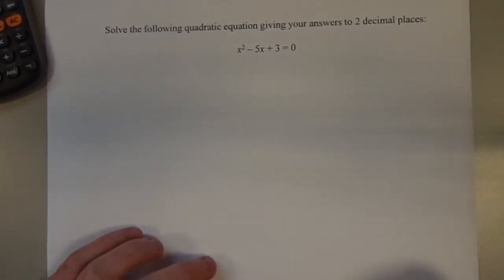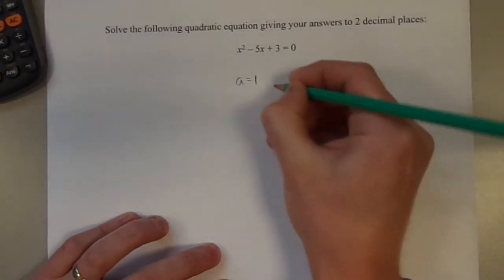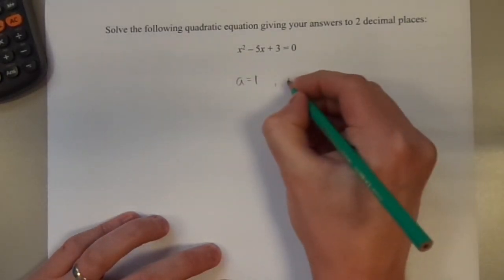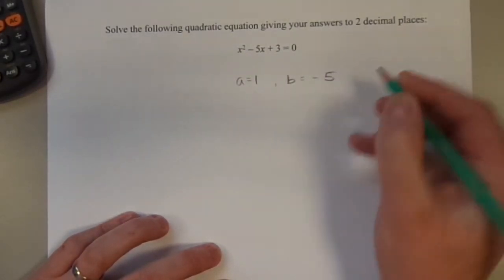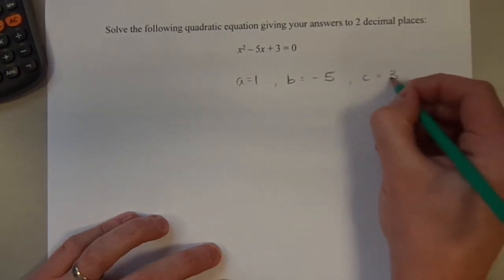Okay, pause the video and have a go at solving that one using the quadratic formula. So a is 1, we've got 1x squared term, b is minus 5, and c is positive 3.